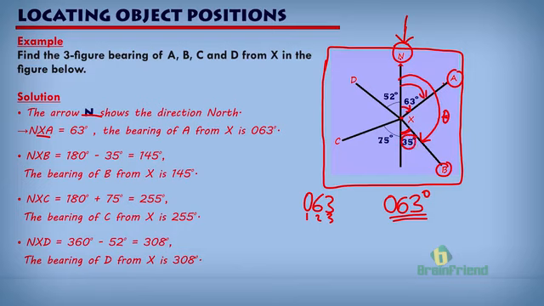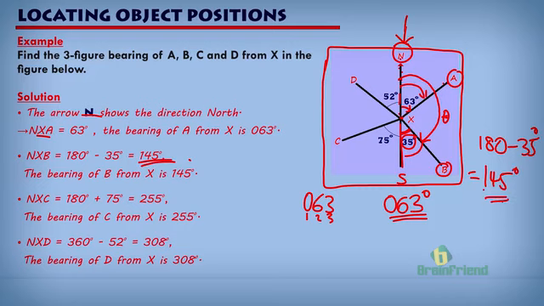We know that the angle on a straight line, directly from the north to the south, is 180 degrees. So if we know this small part to be 35 degrees, the remaining part will be 180 minus 35 degrees, and that gives us 145 degrees. So we have 145 degrees as our three-figure bearing.